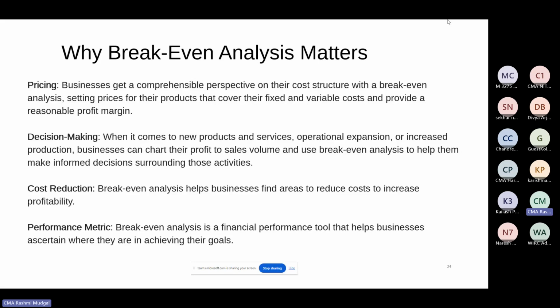If my price is higher than my cost, then I will reach my break even point earlier, with fewer units sold. Okay, so businesses get a comprehensive perspective on their cost structure with break-even analysis, setting prices for the product that cover their fixed and variable cost and provide a reasonable profit.